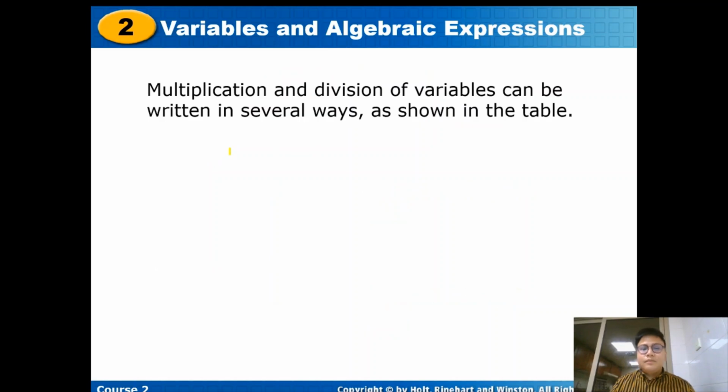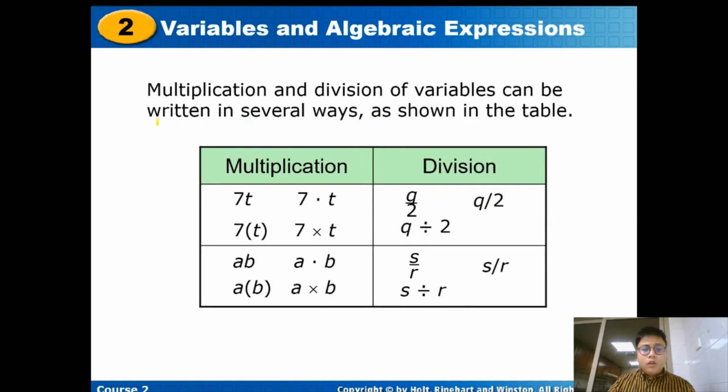Now, multiplication and division of variables can be written in several ways. It will be shown in the table given. For multiplication, take note that the constant will just be written beside the variable without any operation.